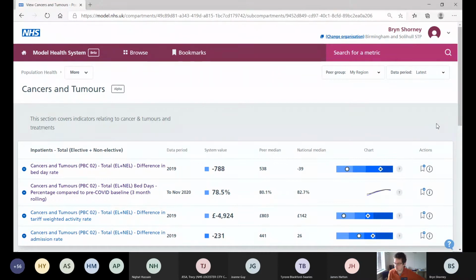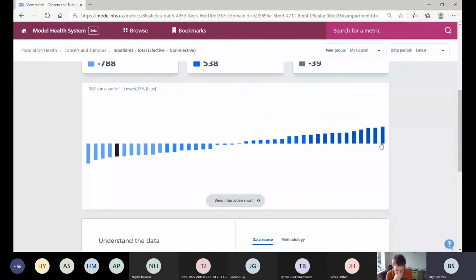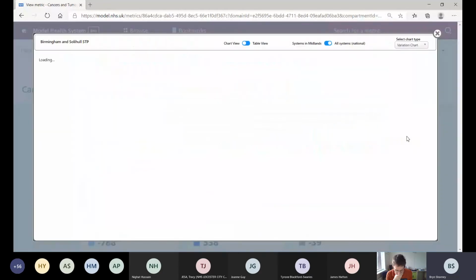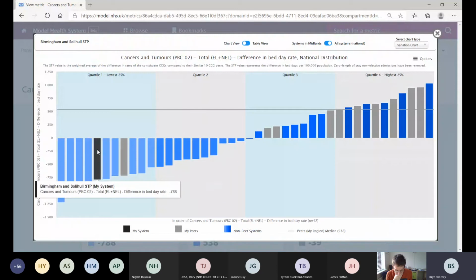And that's it, I think. Great. I just wanted to touch on another couple of elements. For Birmingham and Solihull, in terms of cancer and tumours for their baseline period of 2019, we can see that they're on the lower end, so they do have much lower bed days for cancer compared to similar peers.